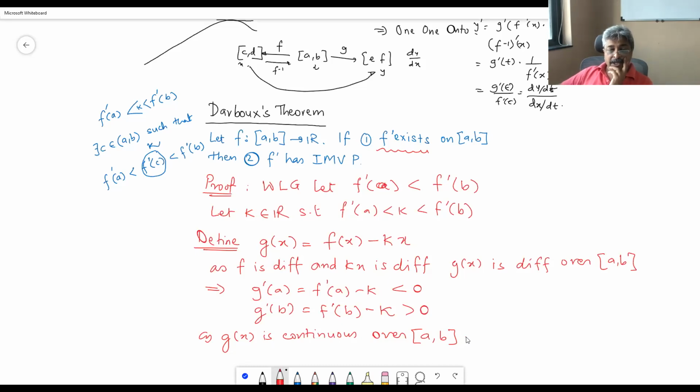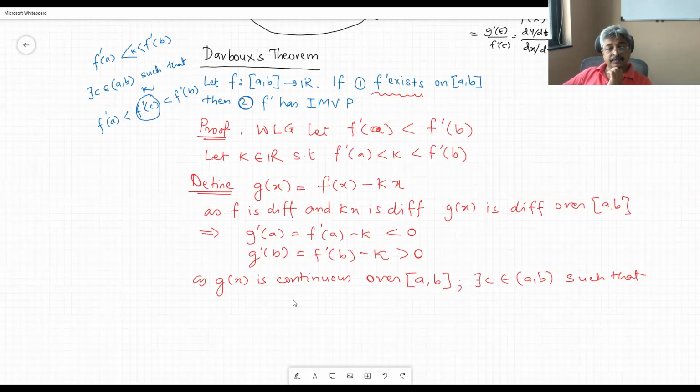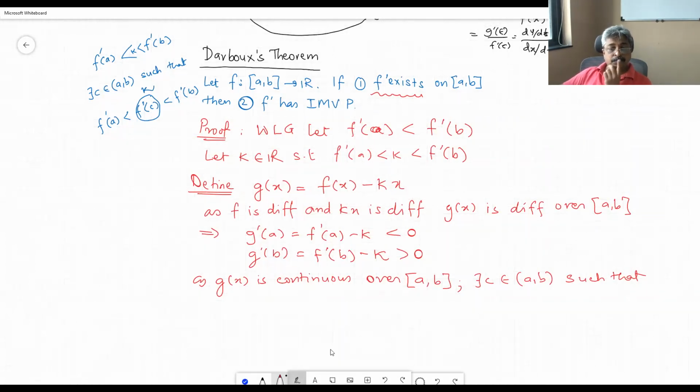Now here I am going to say that there exists c belonging to a comma b such that g dash of c is equal to 0.